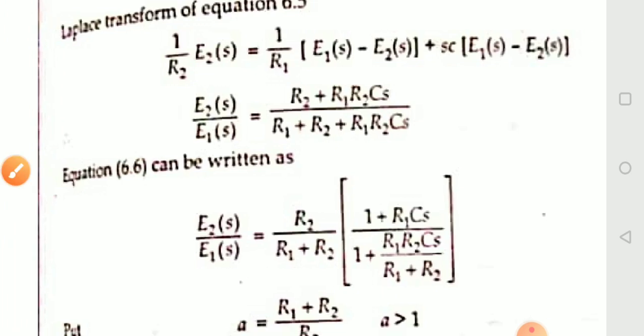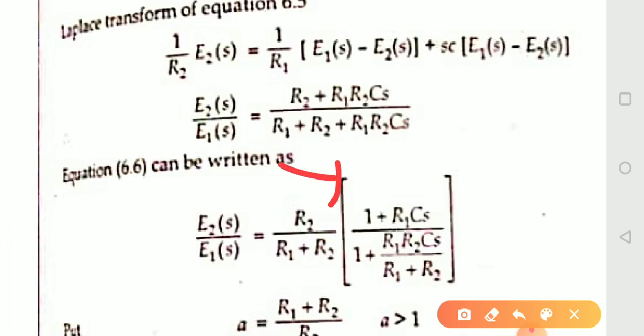In the numerator we take R2 common, so under the bracket the value is 1 plus R1 C s, and in the denominator we take R1 plus R2 common. So the value is 1 plus R1 R2 C s over R1 plus R2.